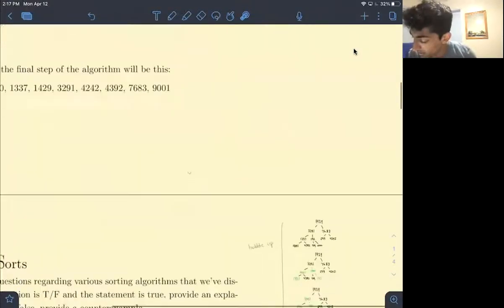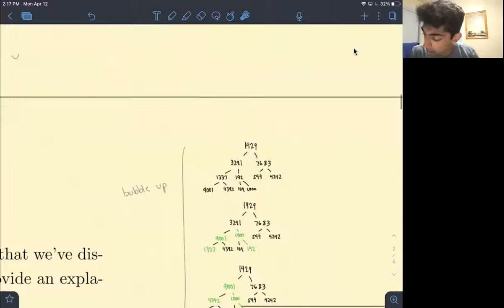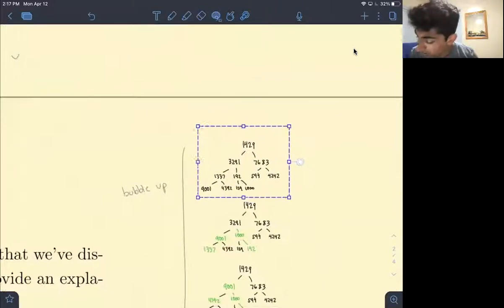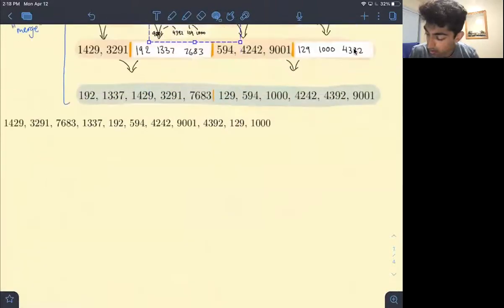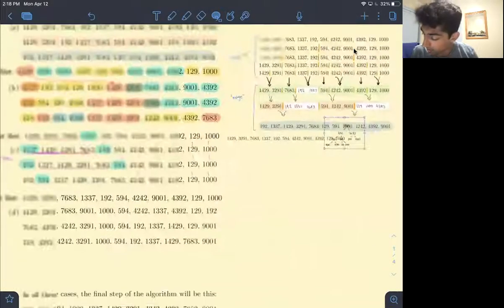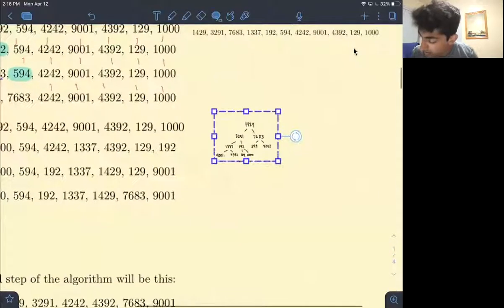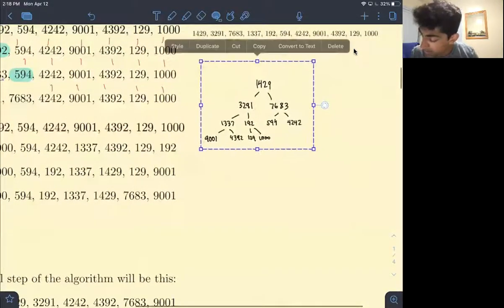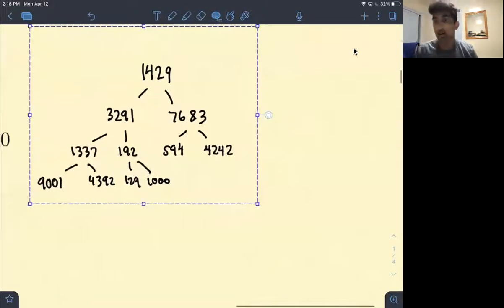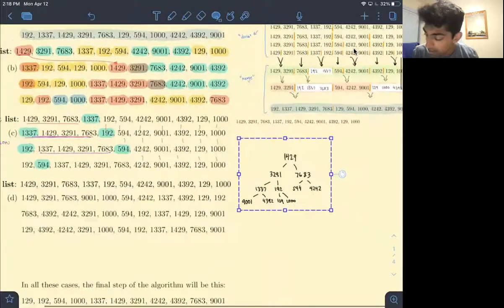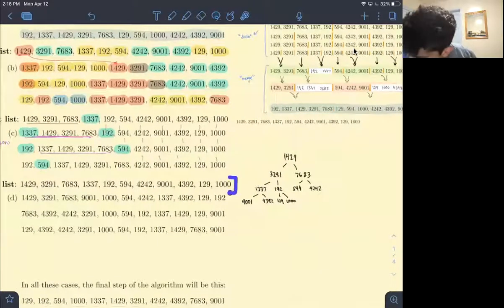And just to be really rigorous here, let's walk through the steps of heap sort, okay? So just to provide a very simple explanation here, what we'll notice is that this is the starting state of our array, okay? The first step in heap sort, let's recall, is we take this given input list and we visualize it as a heap, okay?